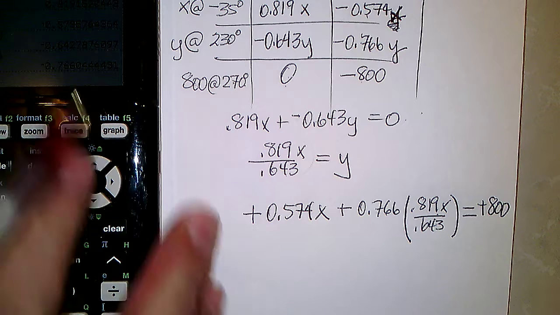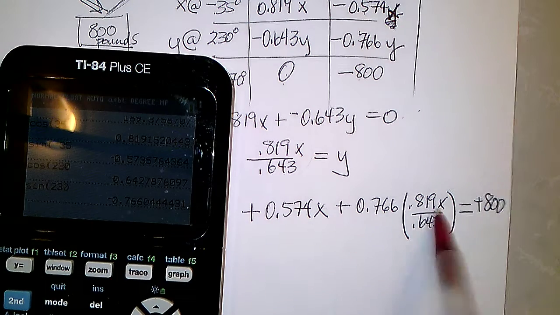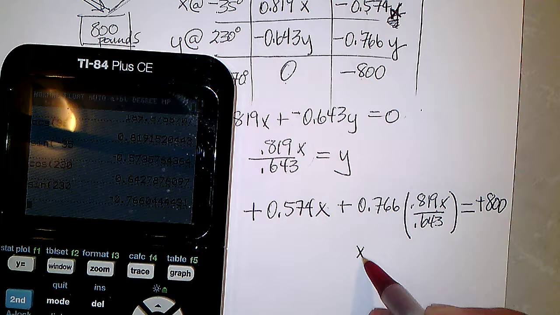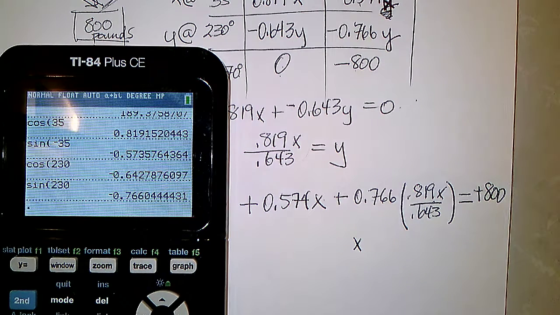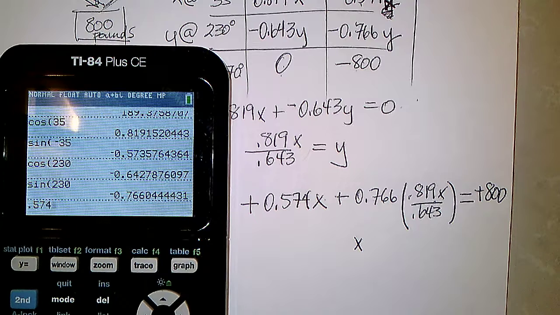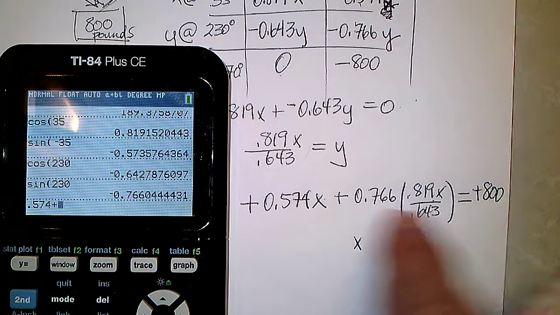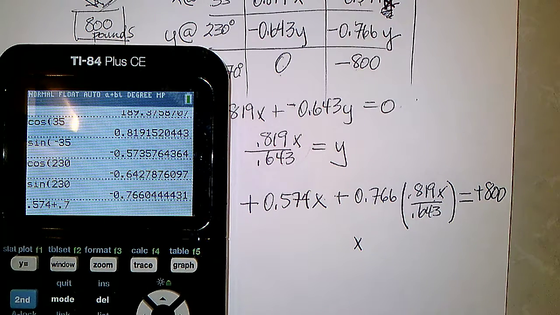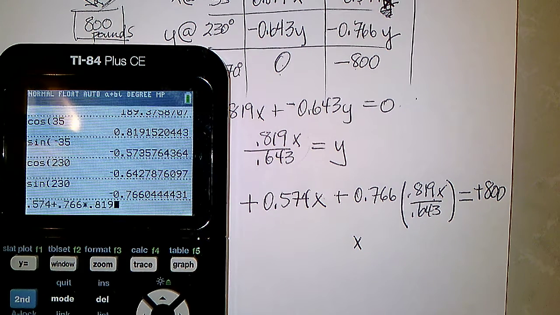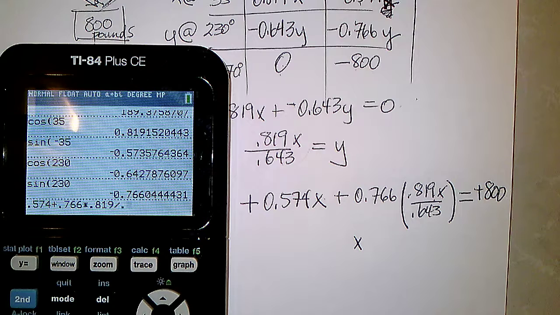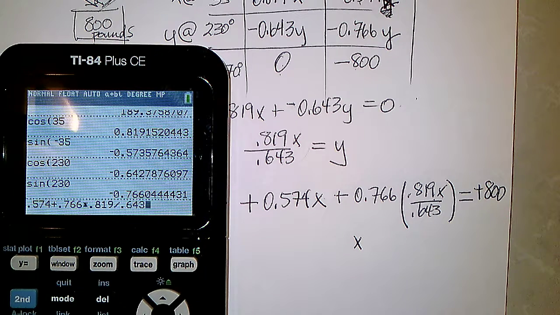And so I have x's in both of these, so I can factor that out, and I get 0.574 plus this stuff, which is 0.766 times 0.819 divided by 0.643.